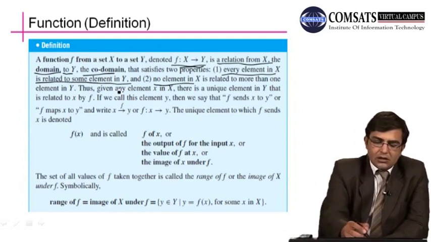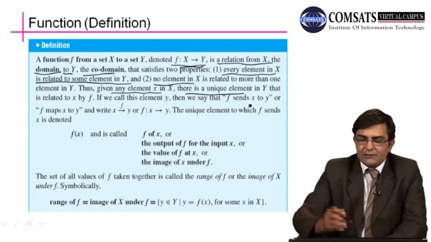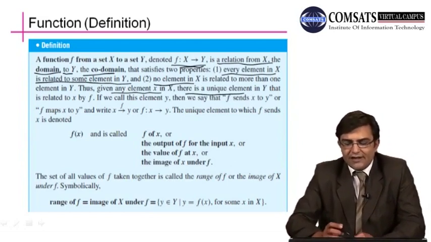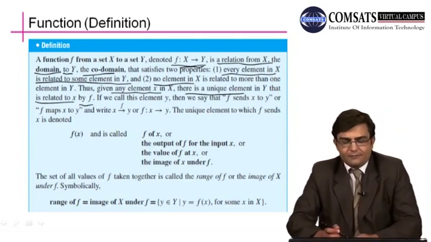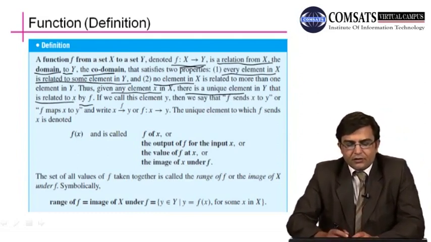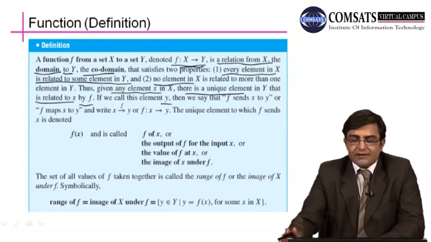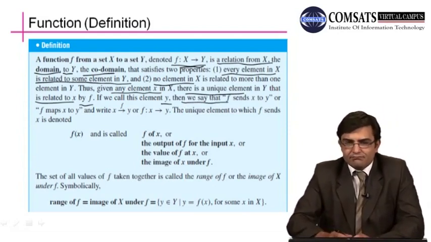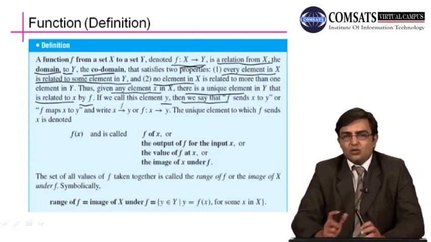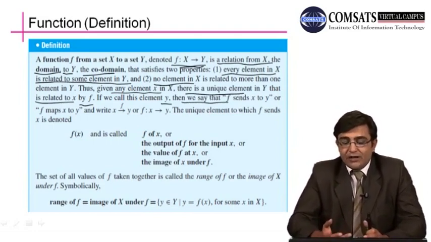So if we are given any element x in X, there is a unique element in Y, meaning only one element in Y, that is related to x under the relation F. If we call this element y, an element of the second set, then we say that F sends x to y. F is basically a rule, a relation which we define between the two sets X and Y.